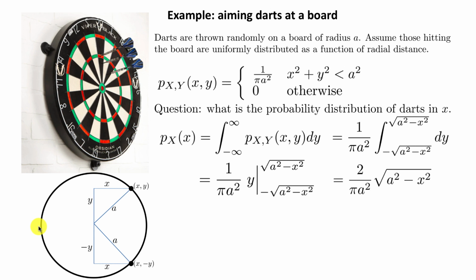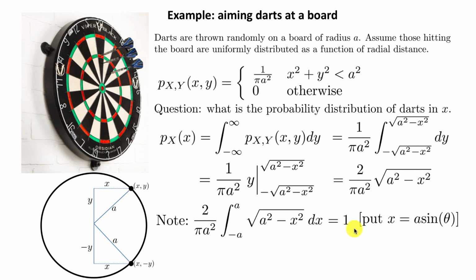If we have calculated this correctly, then of course the integral of this marginal probability distribution ought to be 1. In other words, this should be 1. Is it 1? Well, actually, I'm going to leave this for you to do, but it's very easy.